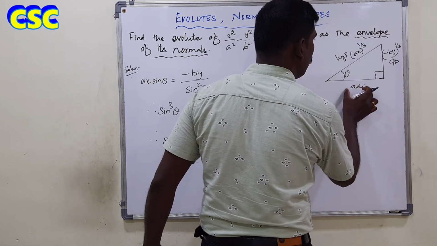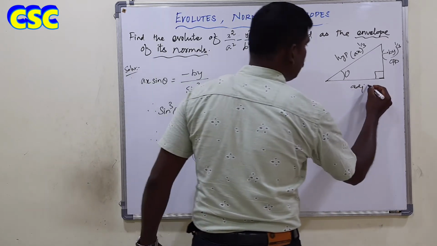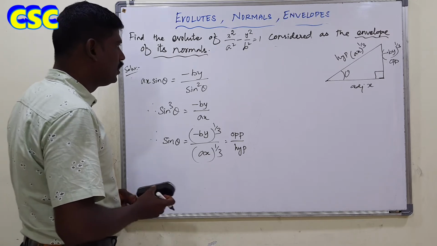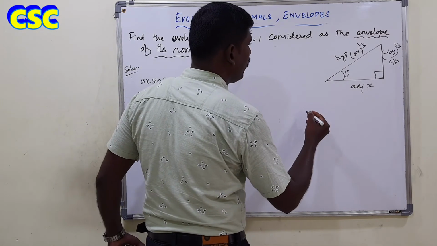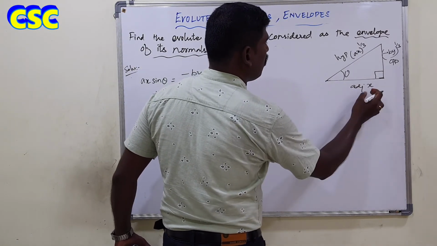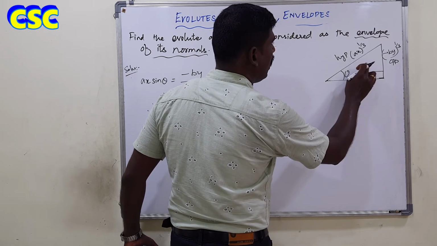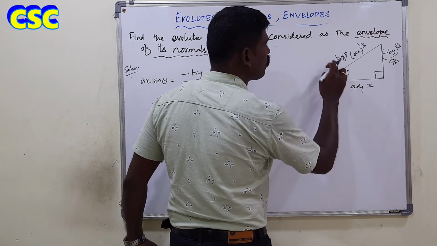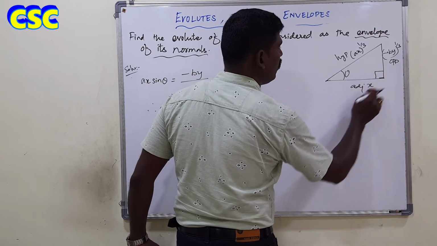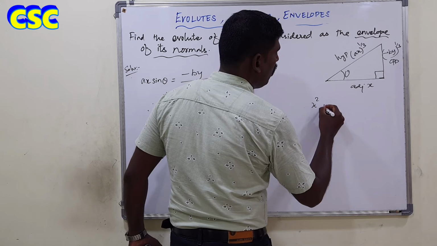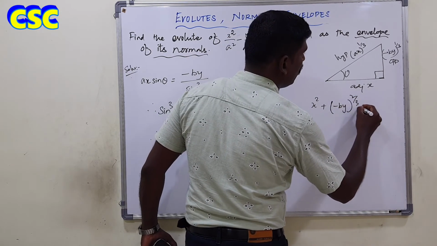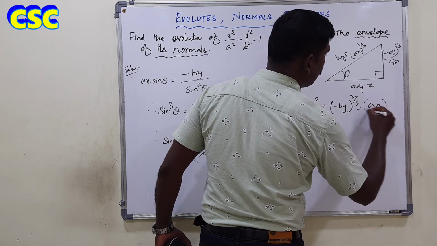Now I am going to find the adjacent side. I am taking this as x. How can you find it? By Pythagoras theorem, in a right angle triangle the square of the hypotenuse equals the sum of squares of the remaining two sides. So x square plus minus by the whole power 2 by 3 is equal to ax power 2 by 3.